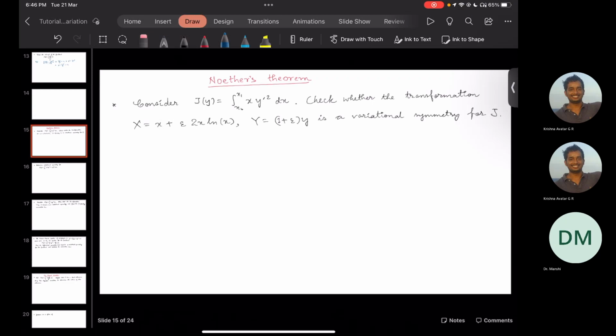So the first question is, consider the functional J whose integrand is x y prime squared, where our goal is to check whether the transformation capital X is equal to small x plus epsilon x natural log of x, and capital Y is equal to 1 plus epsilon times small y, is a variational symmetry for J.